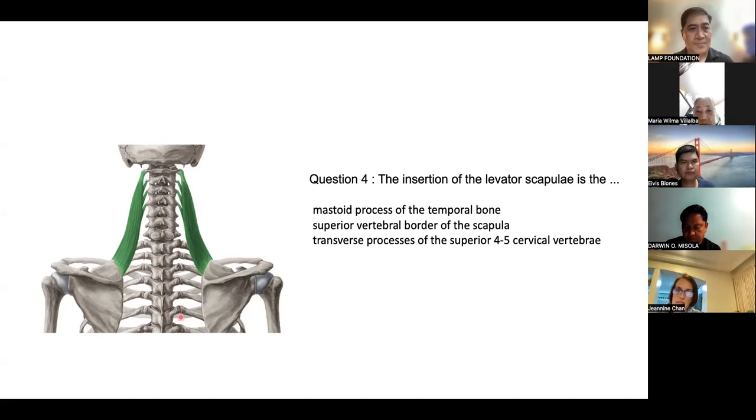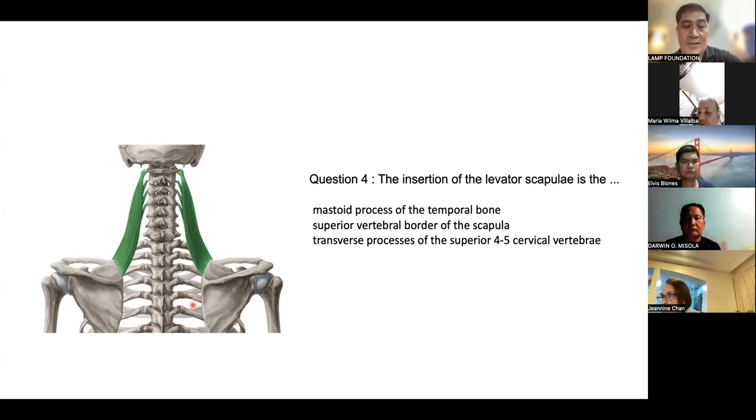Saan siya naka-insert? Doon sa may scapula. Yes, so your answer is wrong. Superior vertebral border of the scapula. Superior, kaya nalilift niya papunta sa origin, di ba?